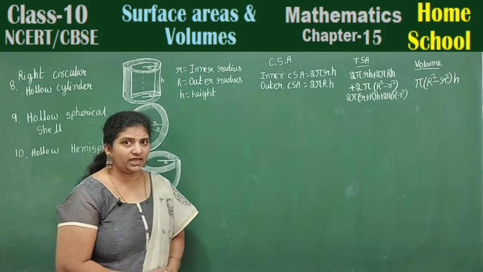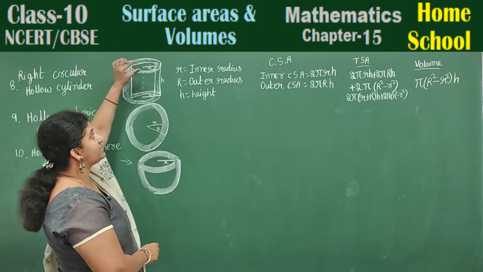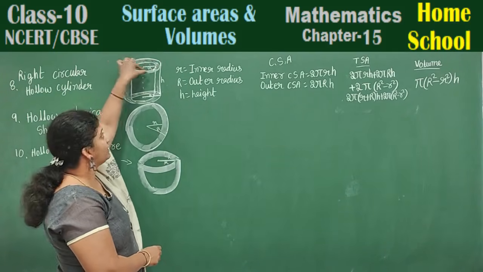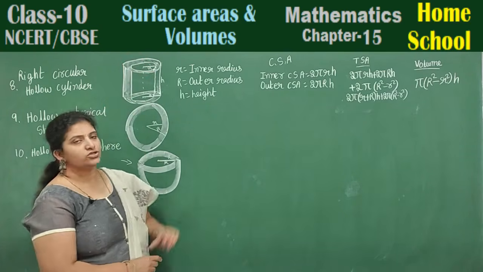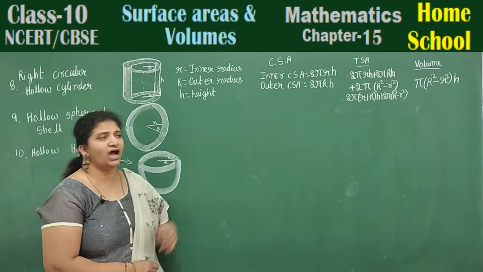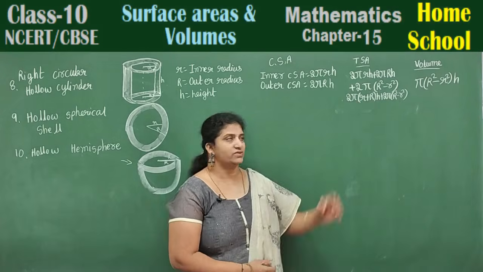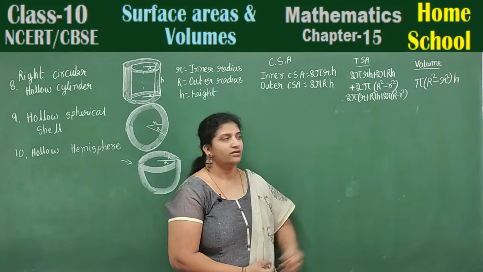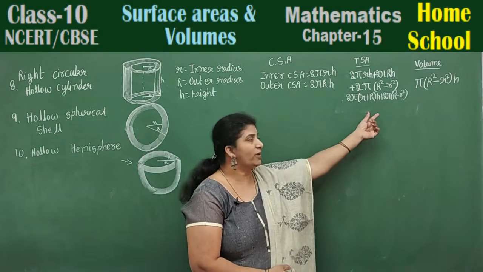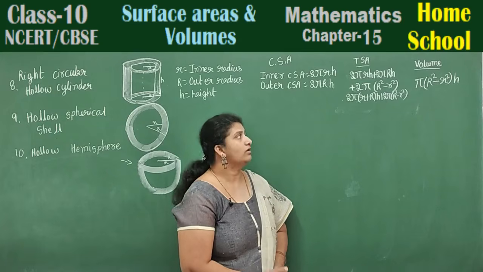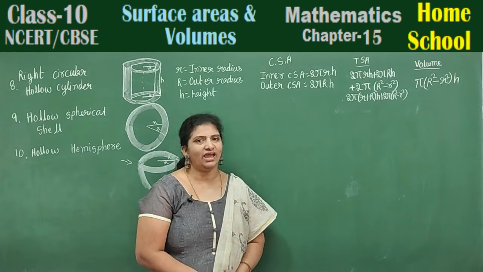Coming to total surface area: inner plus outer curved surface area, plus the top ring of thickness and the bottom ring area. So 2 times the ring area. How do you get the ring area? Pi into (capital R square minus small r square). If you add all this, you get 2 pi into (R plus r) h plus 2 pi into (R square minus r square). Coming to volume: pi into (capital R square minus small r square) into h.